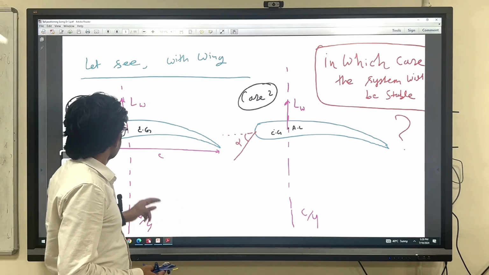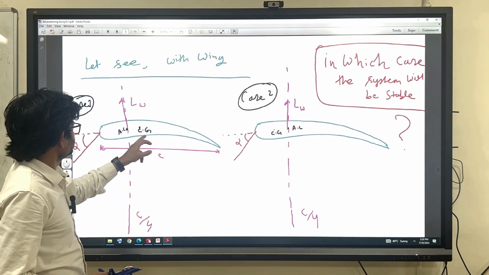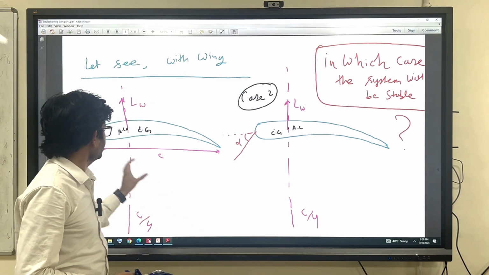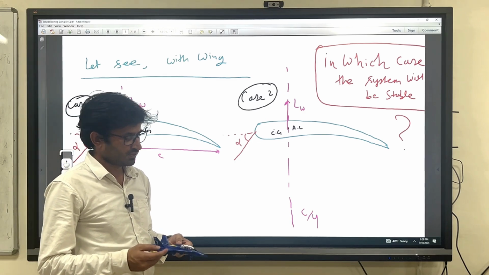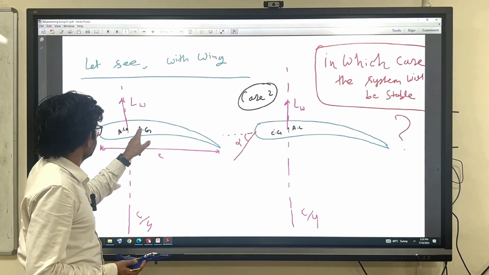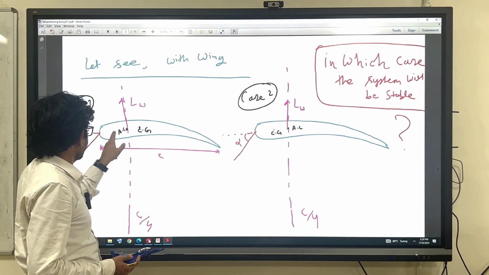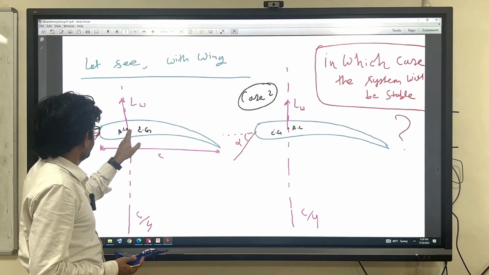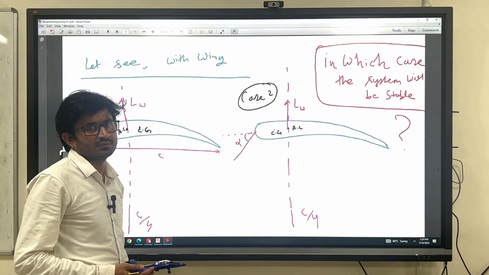So what I said, CG should be ahead of the aerodynamic center. But here, if you size the wing, your CG will be somewhere here, right? So you have to bring the CG to this point ahead of the aerodynamic center, or you should take the aerodynamic center behind the CG.